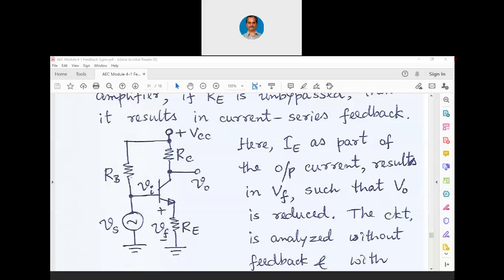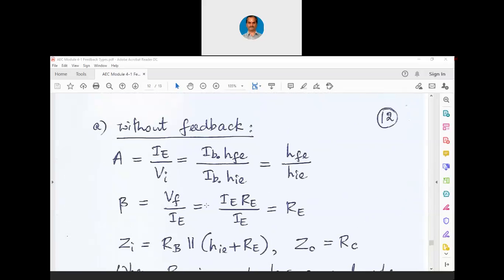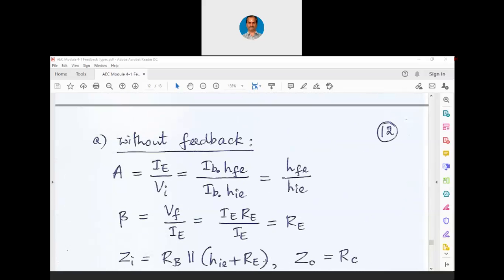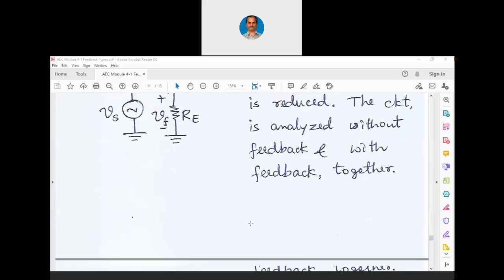So RB is in parallel with HIE here between base and emitter, plus it is in series with RE. That way we have Zi equal to RB in parallel with HIE plus RE, and Z0 is nothing but RC. Output impedance is nothing but RC. You can see here with respect to output it is only RC.